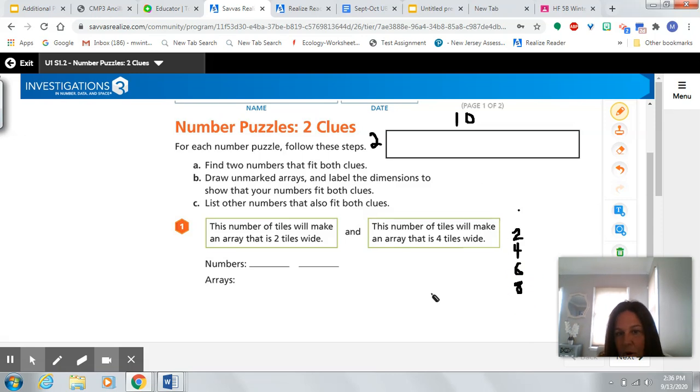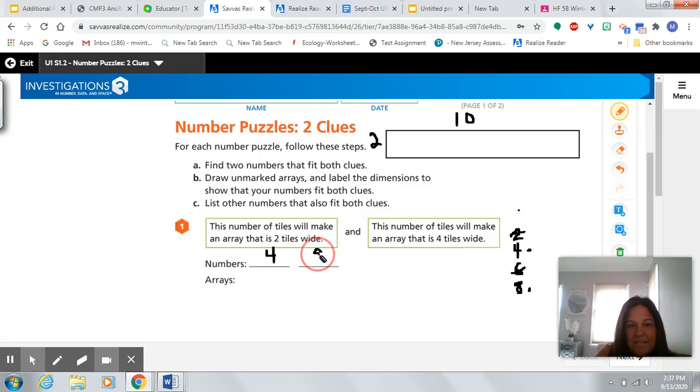But this one also has to make one that is 4 tiles wide. Will the number 2 make an array that is 4 tiles wide? No. Will the number 6 make an array that is 4 tiles wide? No. So here I know that number 4 and number 8 are 2 numbers that fit both clues. So I can write the number 4, and then I can write the number 8.